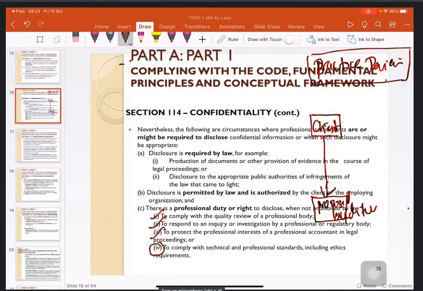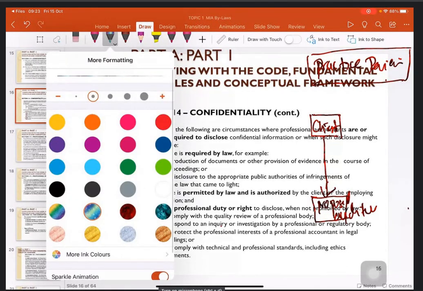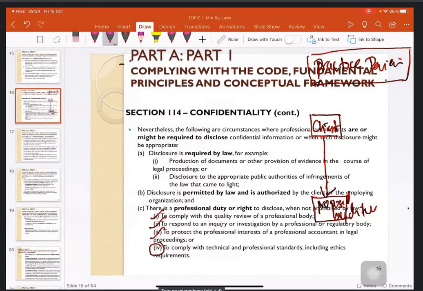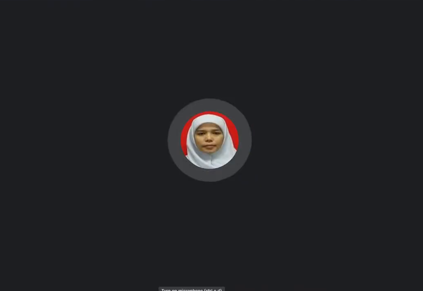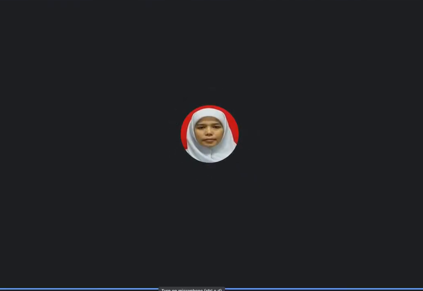I tak tahu kenapa I pilih yang this one, dia macam susah. Madam, ada kawan saya nak masuk. Madam tak accept. Oh, dah lama kan dia duduk menunggu? Sekejap. Tak, memang kena beritahu sebab otherwise I tak nampak. Okay.